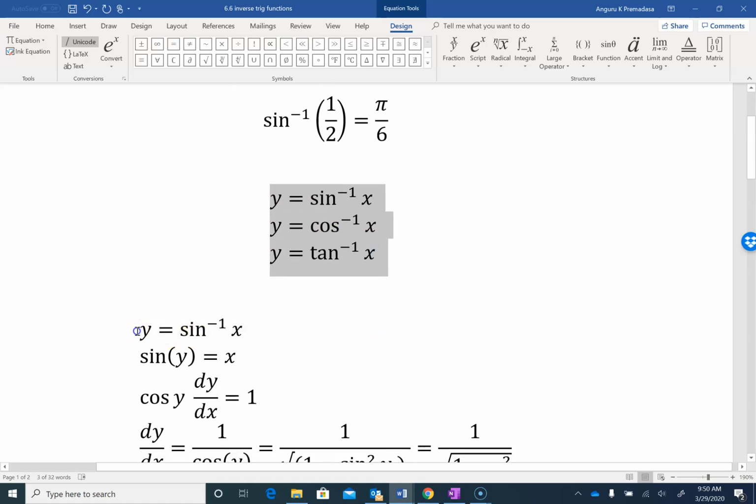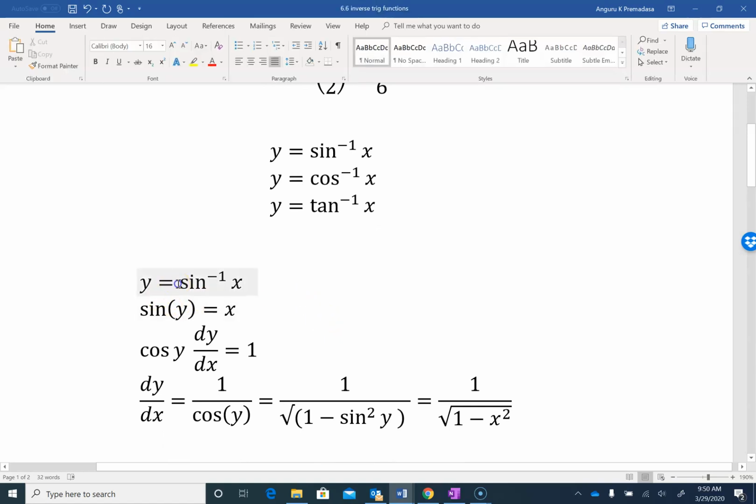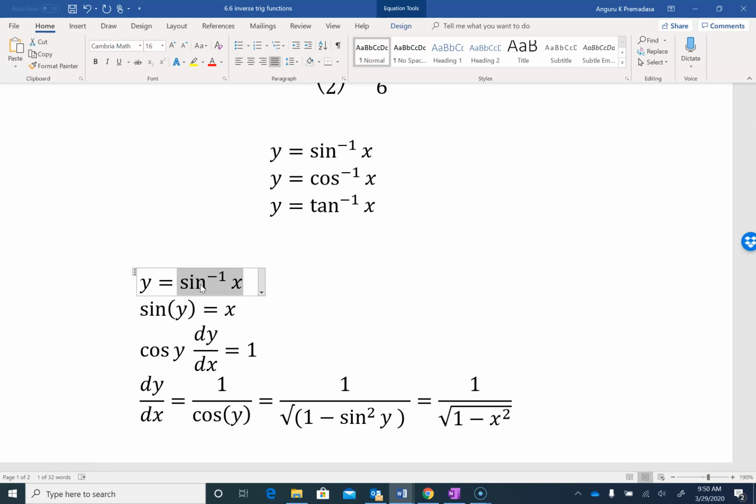So first of all, we take the function y equals sine inverse x, and we want to find what the derivative is. In order to do that, first of all, let's go to the definition. If y is equal to sine inverse x, we're really asking what is the angle whose sine is x.